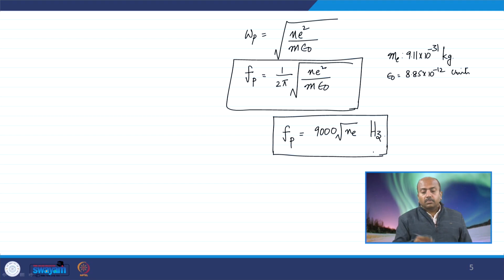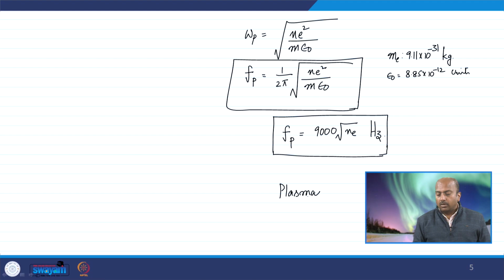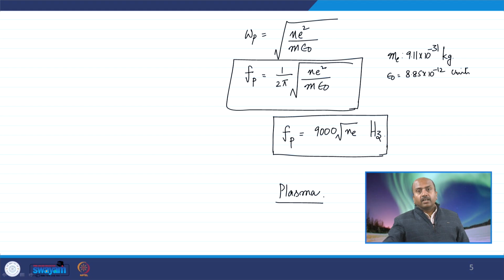Now, if you follow some discussion on the basic properties of plasma, or why you call a certain gas plasma, you will realize that the requirement of sufficient charge carriers in the gas is only a necessary condition but not a sufficient condition for a gas to be called plasma.